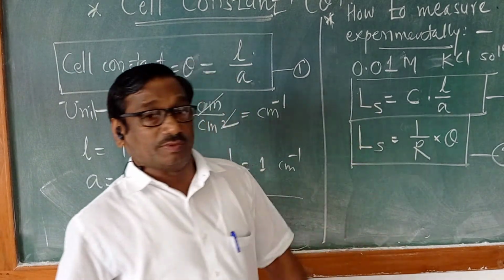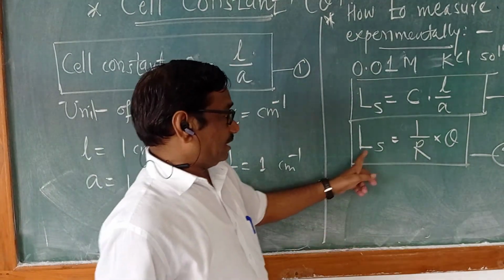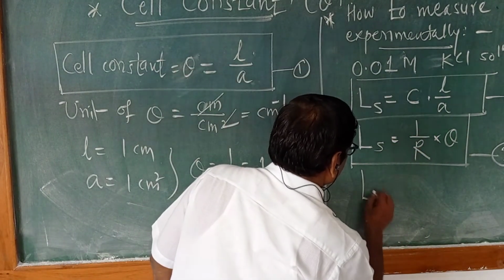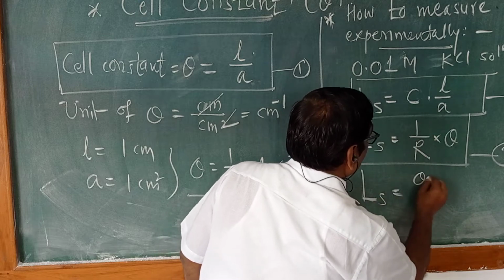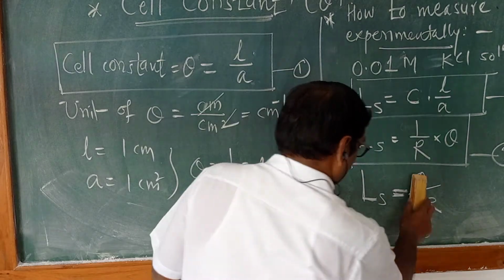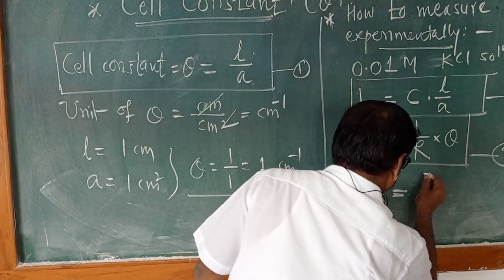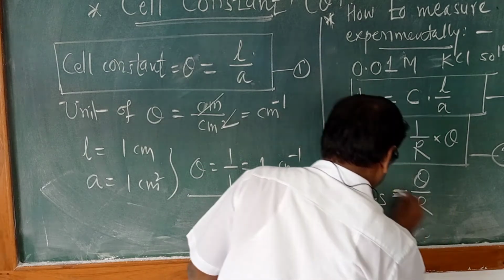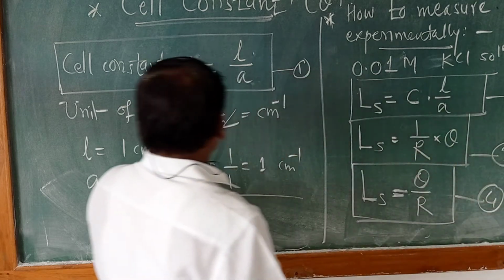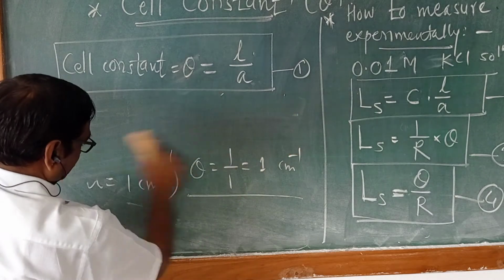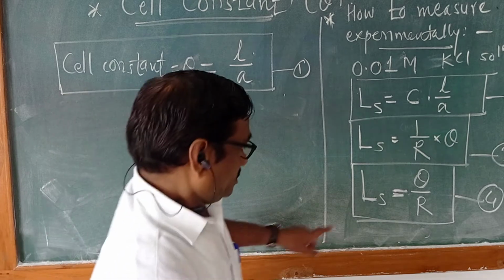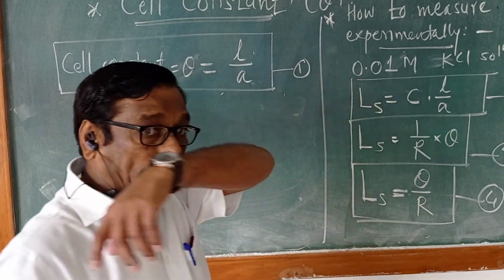So this equation of specific conductance is converted into Ls equal to theta upon R. This is equation number 4. Now, this Ls is equal to theta upon R.